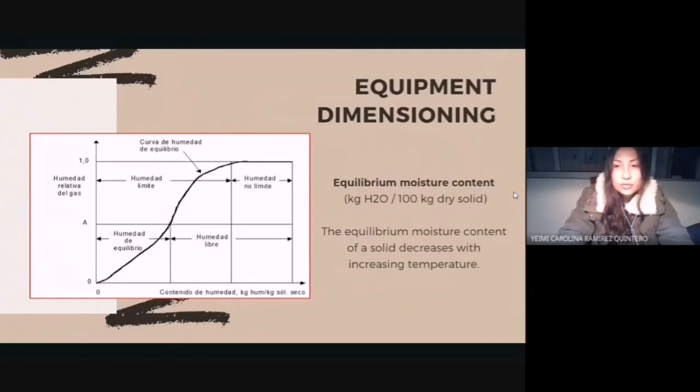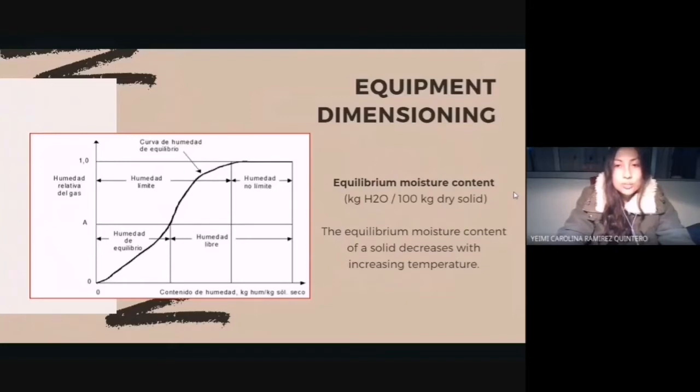When a solid of a certain humidity comes into contact with a current of air with a certain humidity and temperature, in a process that generally uses a large excess of air, the condition of the latter remains unchanged. With enough time, the solid has lost so much water that there comes a time when the humidity of the solid also remains constant.